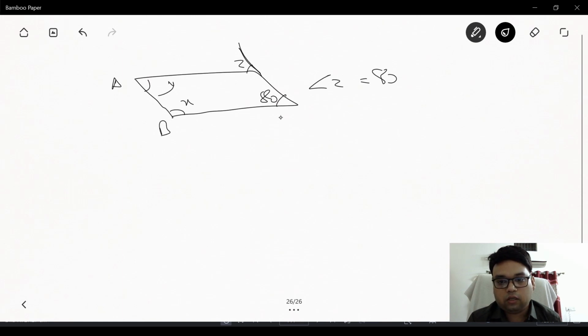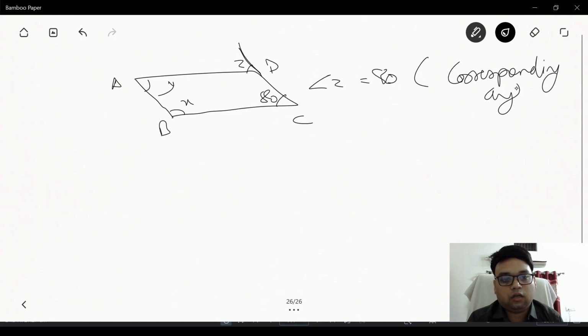Firstly use notation ABCD. Why is angle Z equal to 80 degrees? Which property is used here? The property used here is the corresponding angle property.